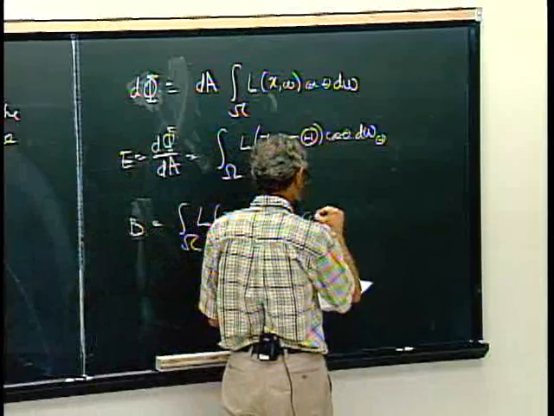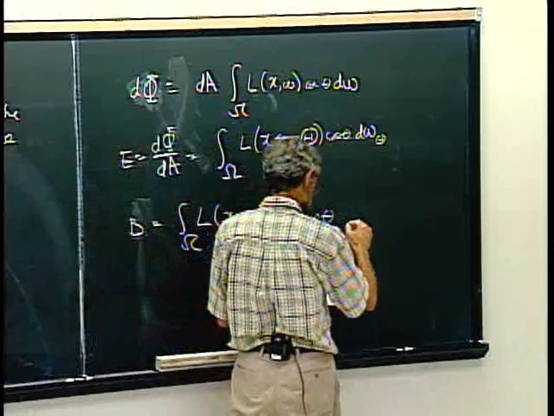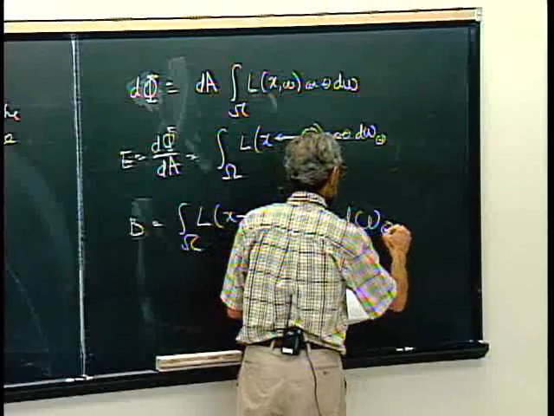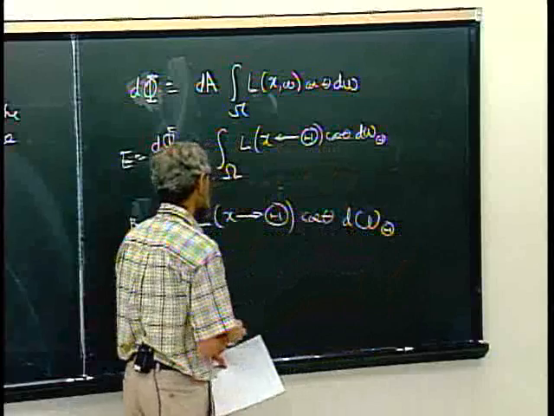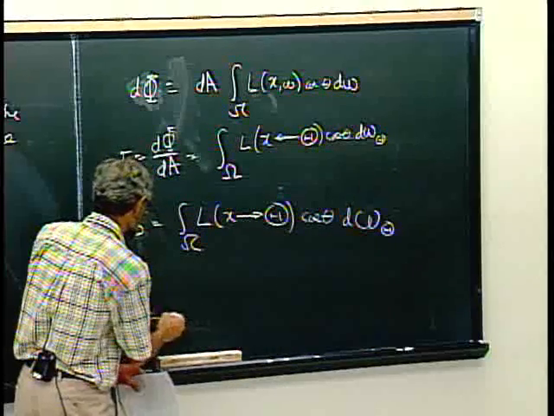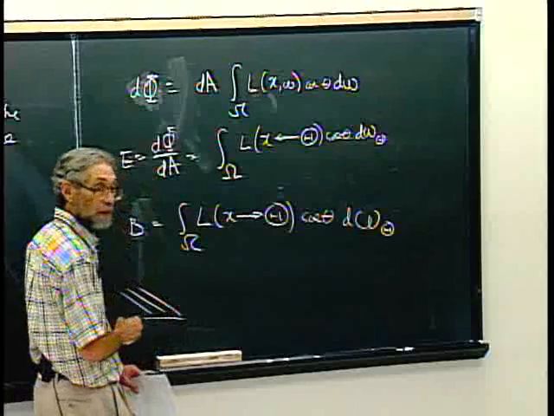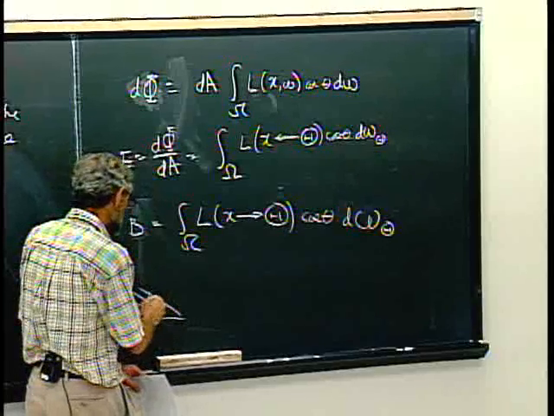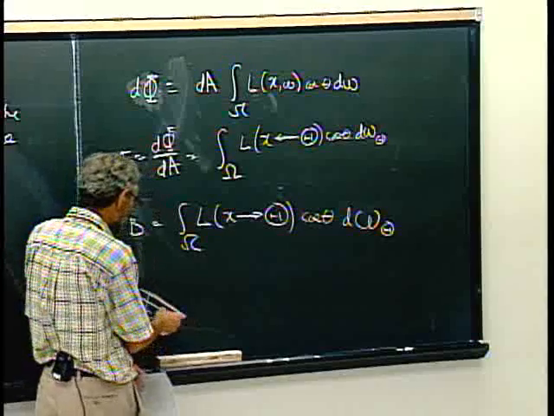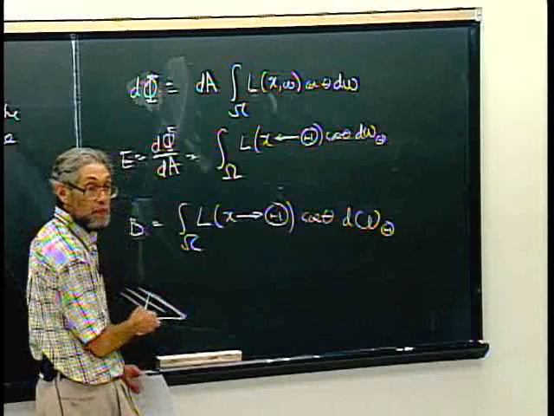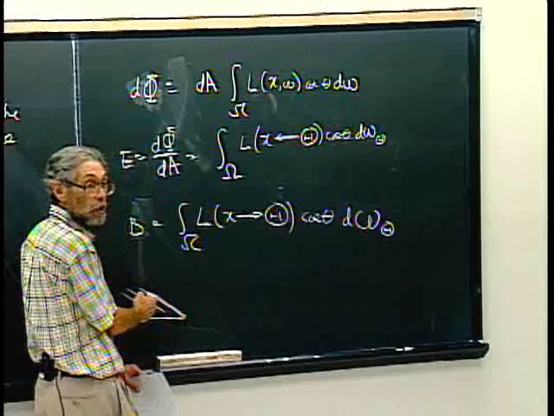And we still have the cosine θ dω of capital Θ. Because if we have a surface and light leaving in this direction, the radiance is going to be brighter by the ratio of this area to this area, because the same light is on a smaller area.